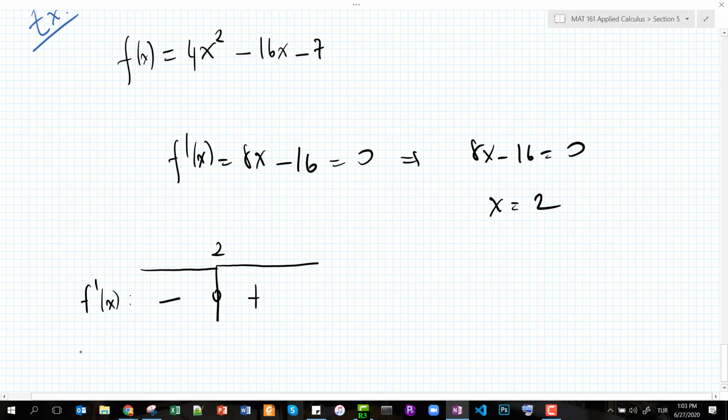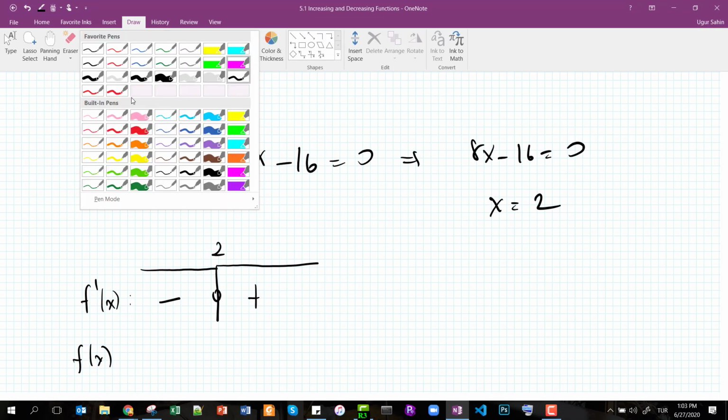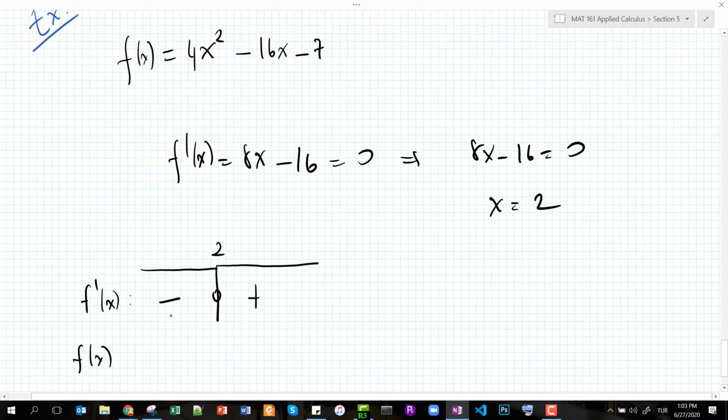What it was saying is this: if your function's derivative is negative on this part and then positive on this part, then absolutely you have a maximum or a minimum point. But first of all, I need to combine this test with the other test, so that I can show you a nice thing.